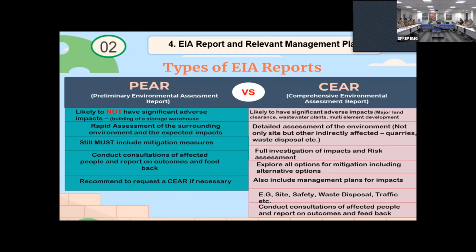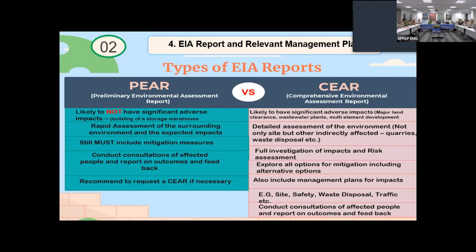Some impacts, but not big impacts. For example, the building of a storage warehouse is a very straightforward building. Maybe there will not be impacts, but we're not sure. That's the purpose of the PEA, a rapid assessment of the development to see what the generated impacts will be. But very importantly, it still must include mitigation measures for any impacts generated from developments.